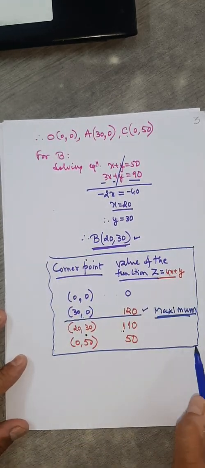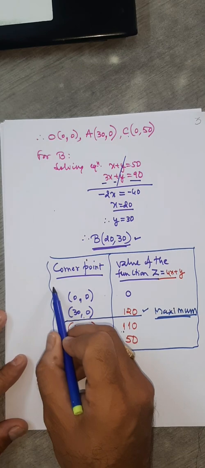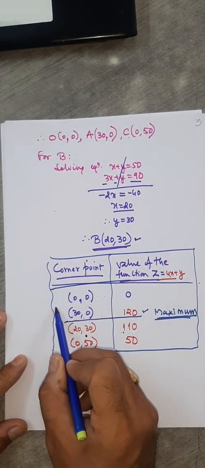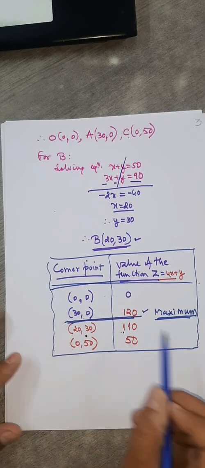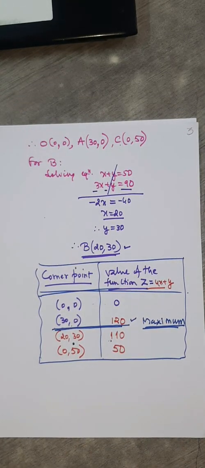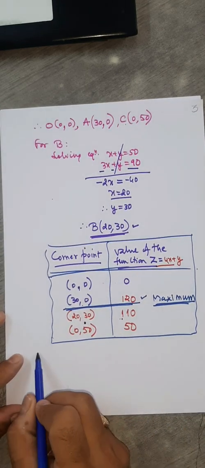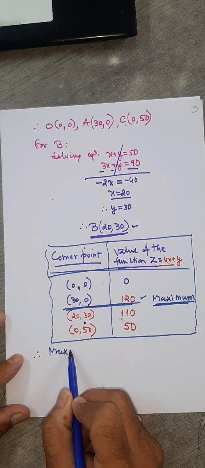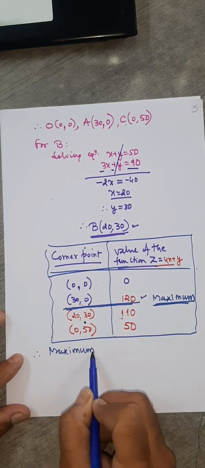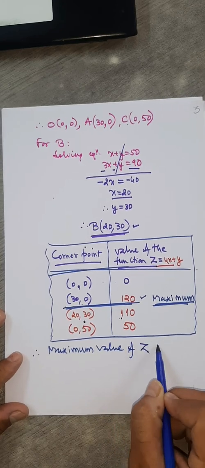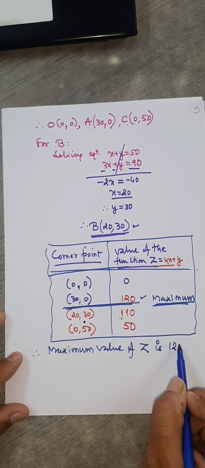This is a tabular form. So the function attains the maximum value equal to 120, and that's what you need to do. I'll write the final line. Therefore, the maximum value of objective function z is 120.